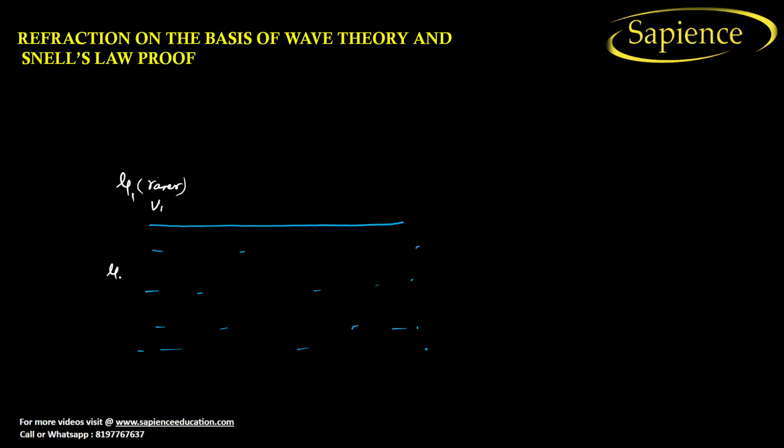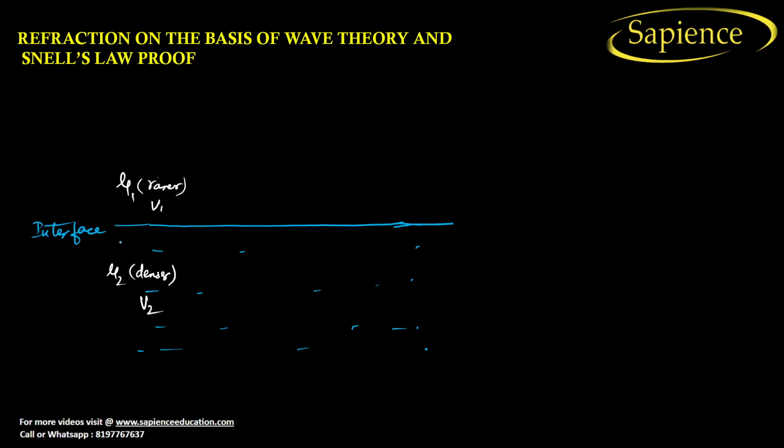Now this one has a refractive index of mu2, and this is your denser medium, and the velocity of the light in this medium, let us say, is v2. Why? Because velocity will change, right? Definitely velocity is going to change here. So this is the surface, this is your interface.